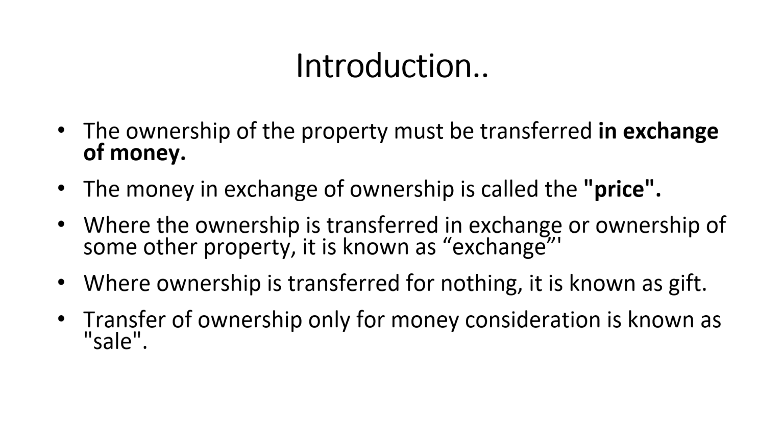So, in a sale, money is a very important part; the immovable property is transferred only in exchange of money. Transfer of ownership only for money consideration is known as sale. Otherwise, it may fall under the category of gift or exchange, but not sale.